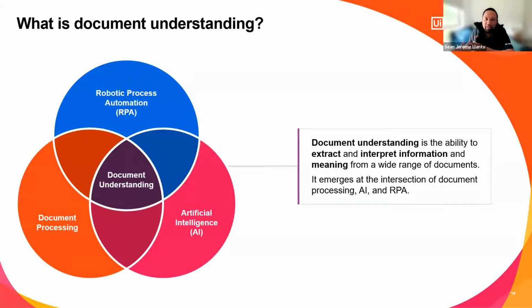It emerges from the intersection of the three things I just mentioned. So to put it simply, it's not just OCR, it's not just computer vision, and it's not just AI, but a combination of the different technologies that we have to come up with a solution.